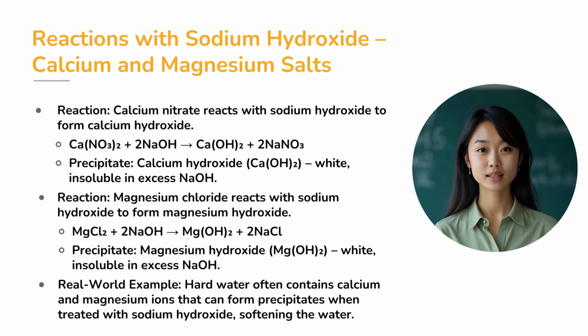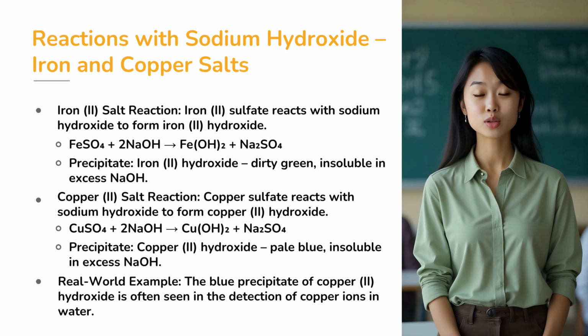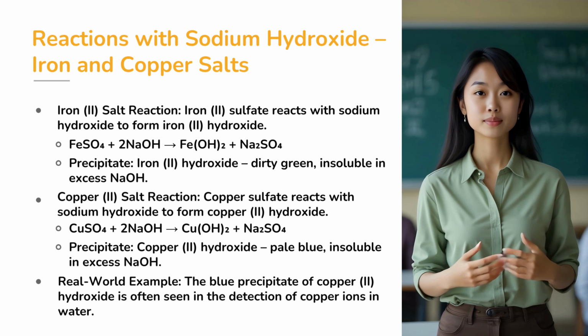Magnesium hydroxide, like calcium hydroxide, is practically insoluble in water and forms that familiar cloudy solution. These reactions are essential in understanding how hard water can be treated in everyday life. Let's move on to iron and copper salts.